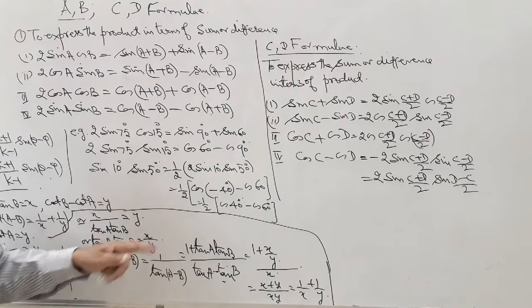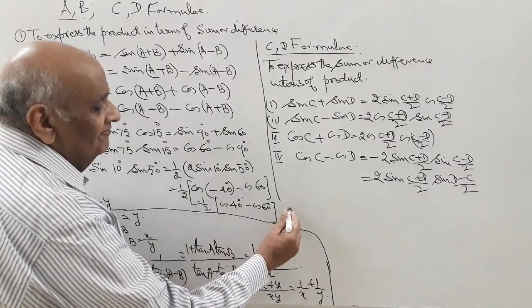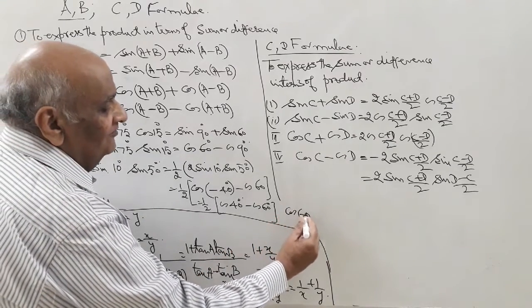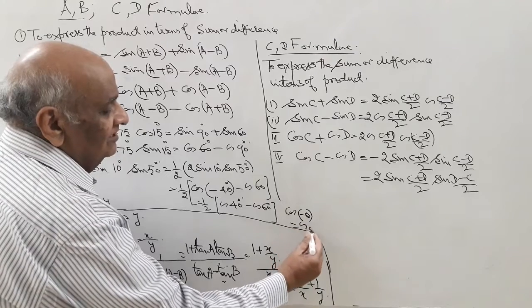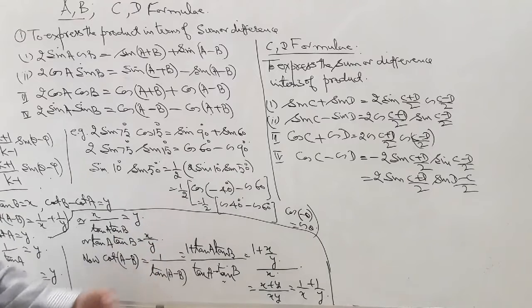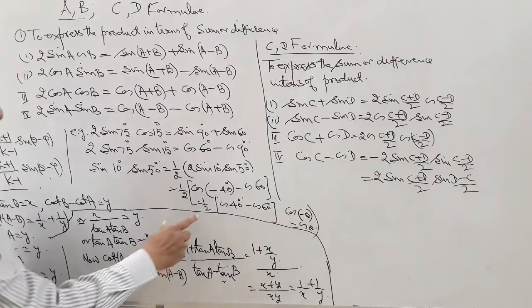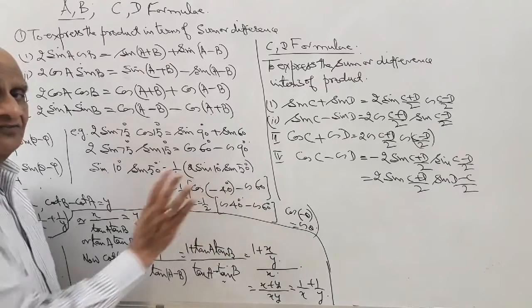Now because you know that cos minus theta is cos theta, here you can add, cos minus 40 will be nothing but equal to cos 40. So it is half cos 40 minus cos 60.